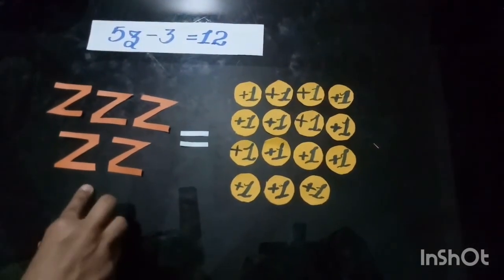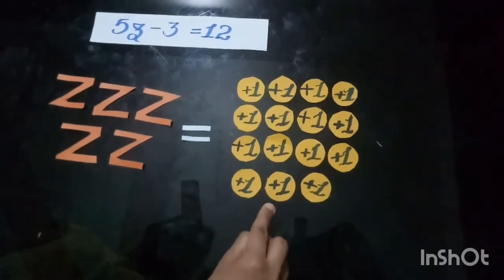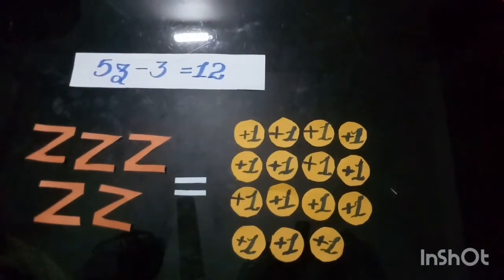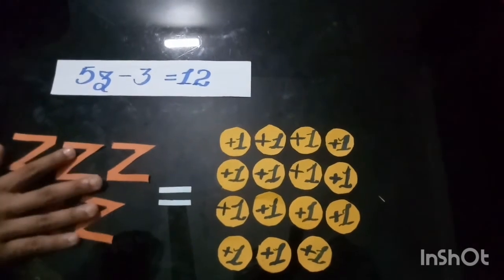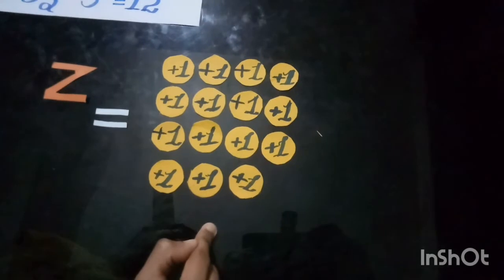So to get the value of z, we can divide 15 by 5. So I am taking these z's off. Now let me divide 15 by 5.